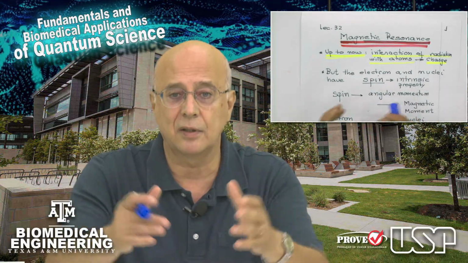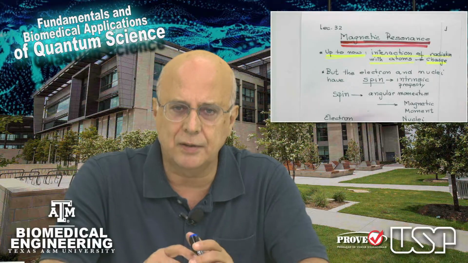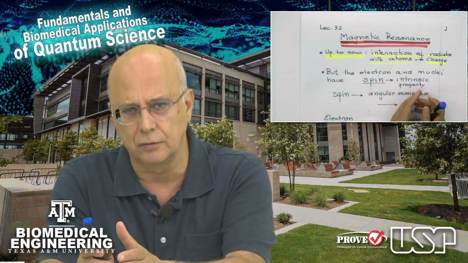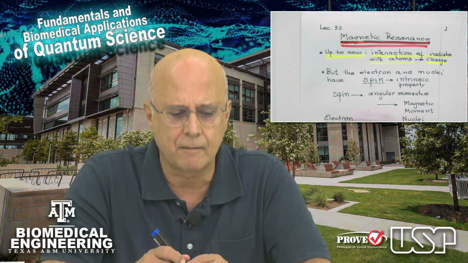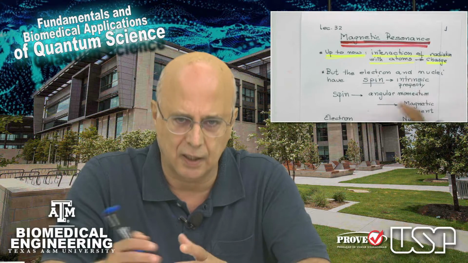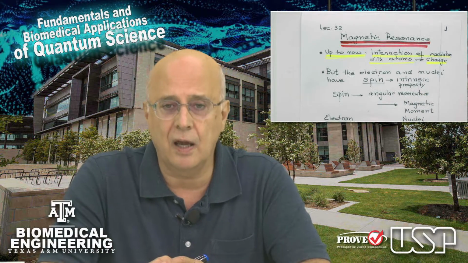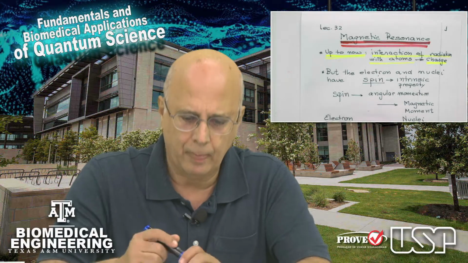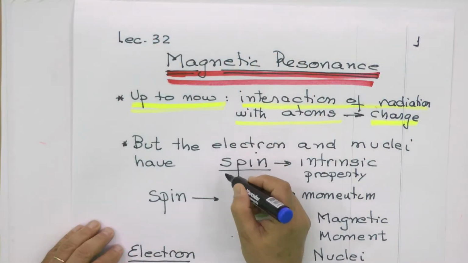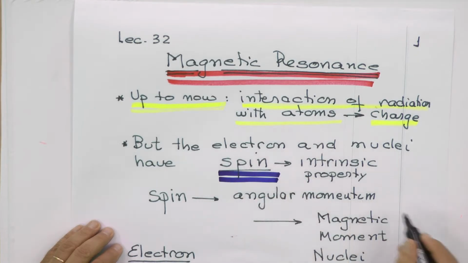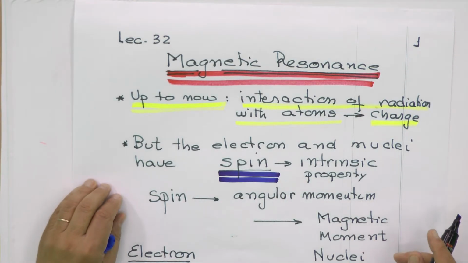But you know, the electron and even the nucleons, protons and neutrons, that constitute the nuclei, they don't have only charge, or they are neutral in the case of the neutron. They also have what they call a spin. And that's the property that now will become very important for us: the presence of the spin.